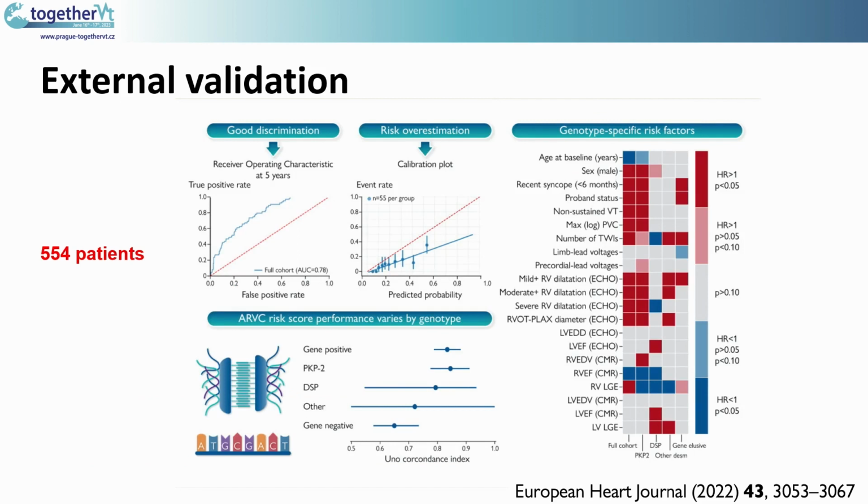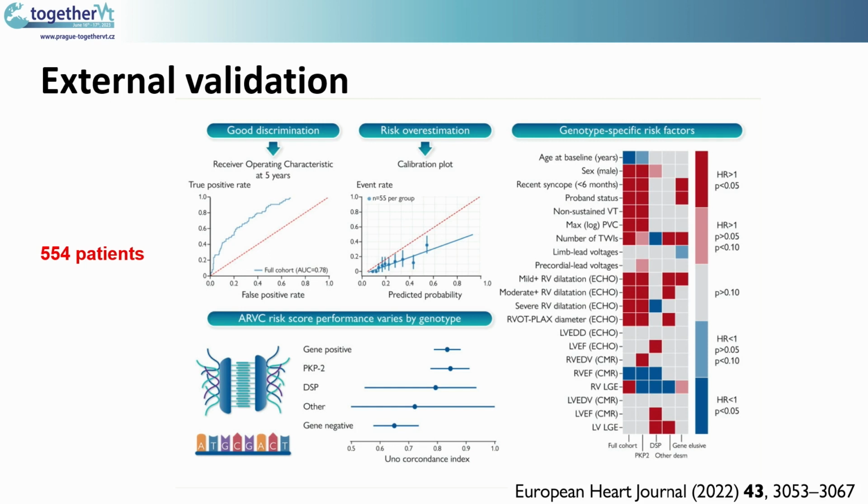However, even with this correction, other validation cohorts found an overestimation of the predicted risk with the observed risk. This is the result of a validation cohort, including more than 500 patients, and you can see that there is a shift between the predicted and the observed risk.